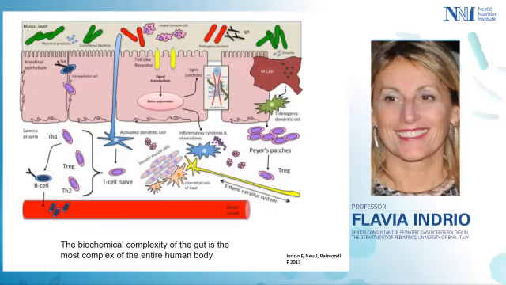In fact, the biochemical complexity of the gut is the most complex of the entire human body. We have the immune cells here that are in strict contact with the enteric neurons, and these also have a strong effect on immunity. Also in a critical role are the epithelial barrier and the intestinal permeability.